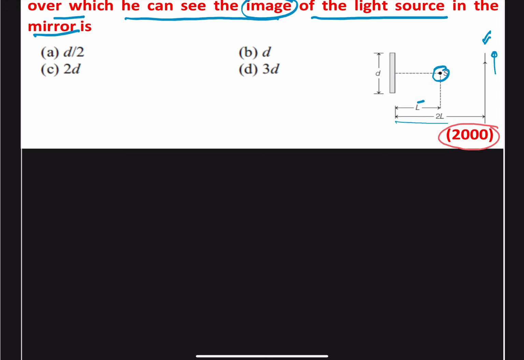So let us suppose this is our mirror, and we have a light source somewhere here, and the man is walking along this path in the upward direction. This light source is right at the center of the mirror, because this distance is given as L, and the distance between the mirror and the man is given as 2L.